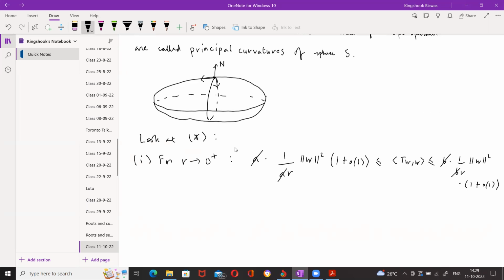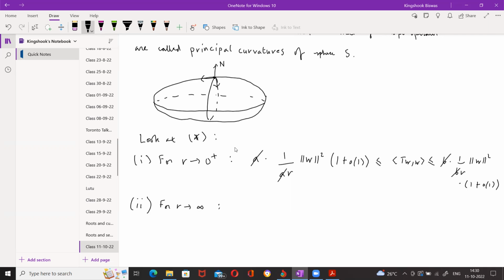Now, what happens when R is large? In Euclidean space, as the radius of the sphere goes to infinity, the curvature goes to 0. But that does not happen in negatively curved manifolds. Here our manifold is negatively curved. The sectional curvature is bounded above by a negative constant minus a squared, and bounded below by another negative constant minus b squared. For R tending to infinity, coth x tends to 1 as x tends to infinity.